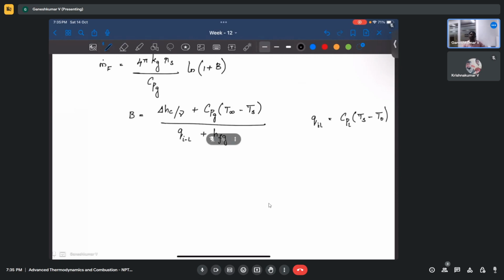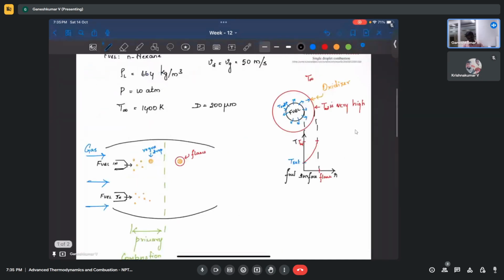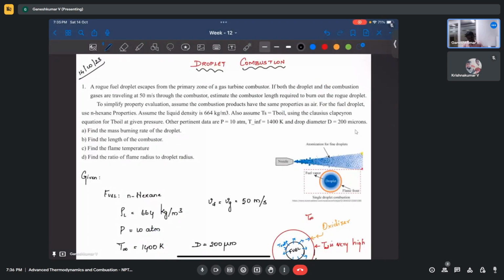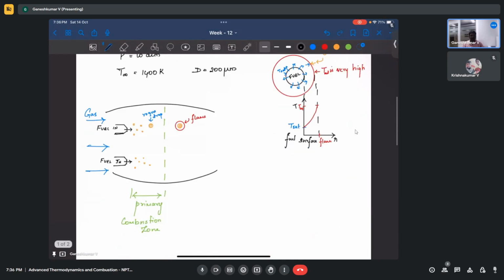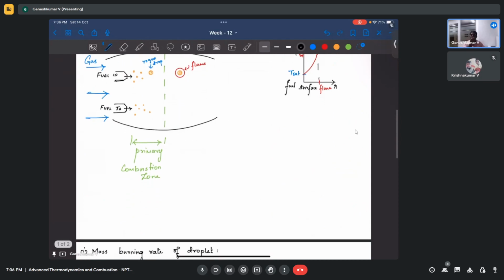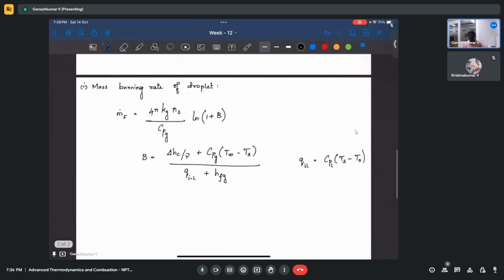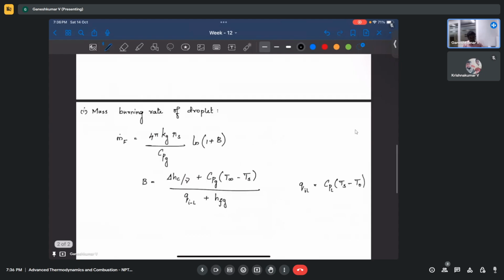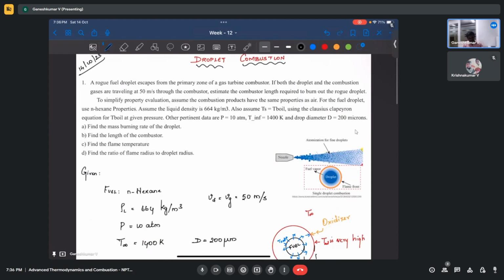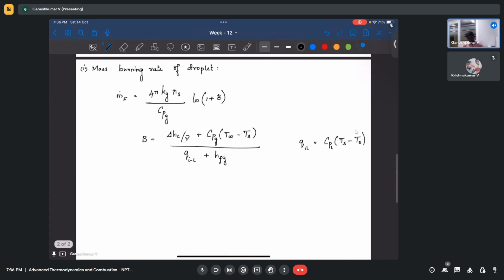Now we don't know whether the liquid has any initial temperature or not. It is not given also. Let's assume that the surface temperature is the same as the liquid temperature, or you can even say the entire liquid is at saturated temperature. So Ts is equal to Tsat, which is nothing but T boiling. That is also given, right?